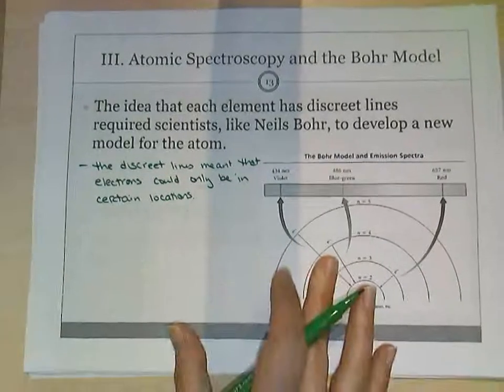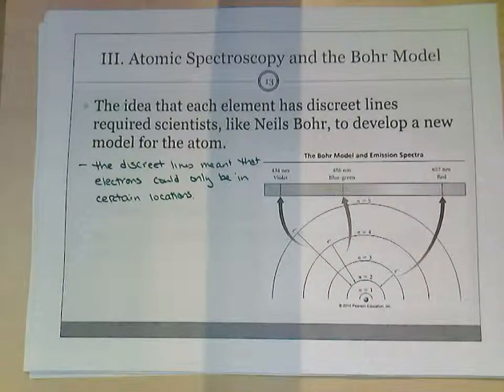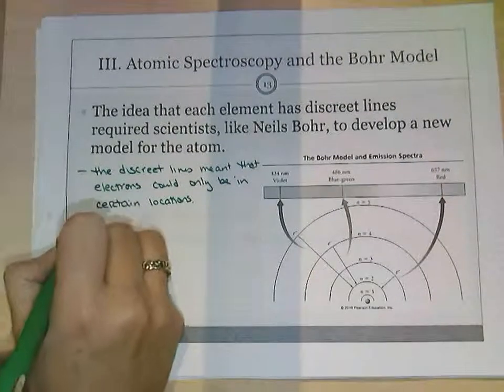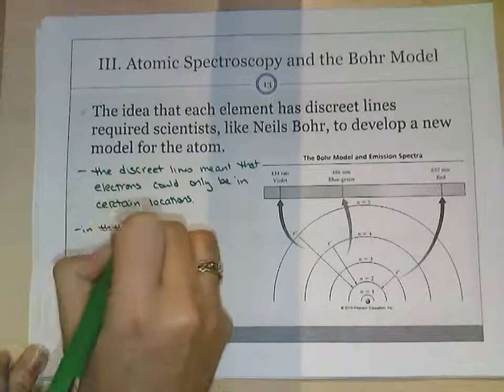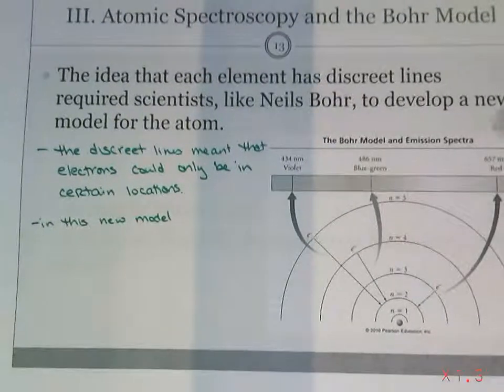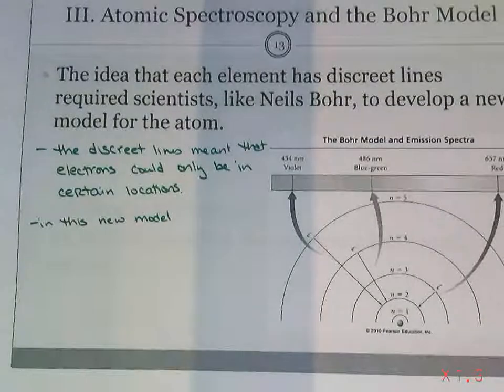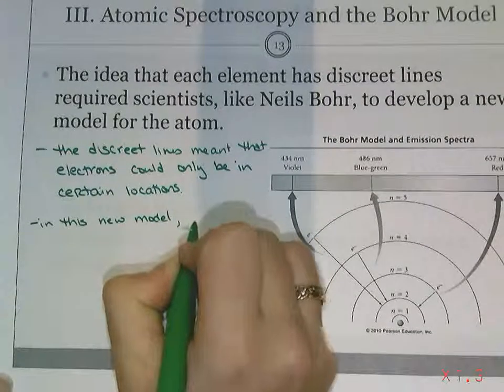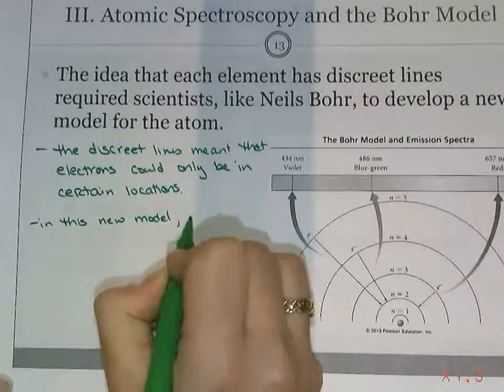So the discrete lines meant that electrons could only be in certain locations. So Niels Bohr developed this new model to help explain this. So in this model, we're going to have electrons traveling around the nucleus in circular orbits.